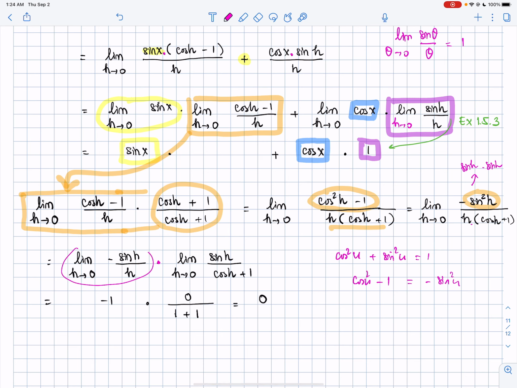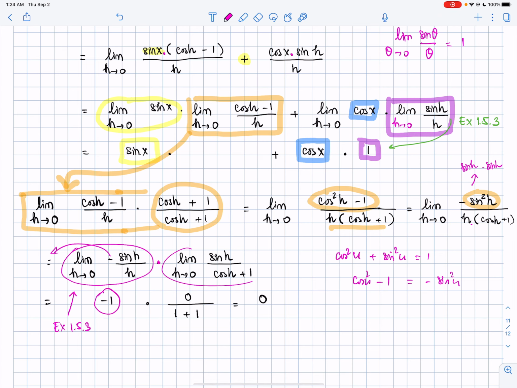What is this one? This is section 1.5, example 3. So you can move the minus out, and that will look exactly like example number 3 in section 1.5. The answer is 1, and we have the minus in front, so the answer is negative 1.